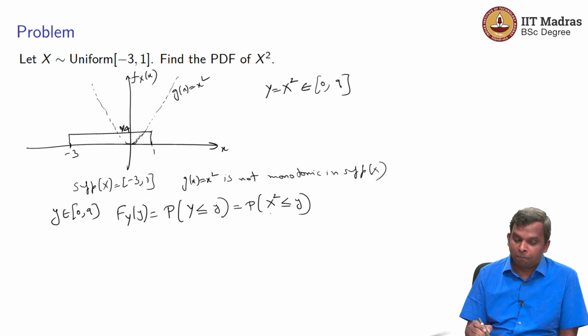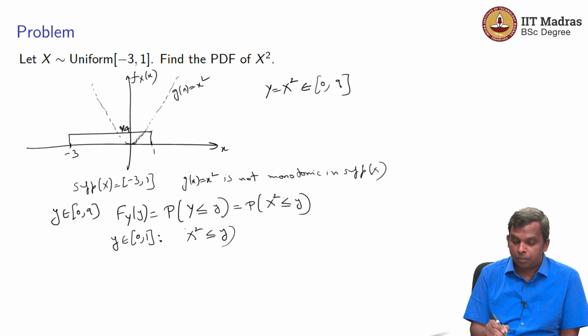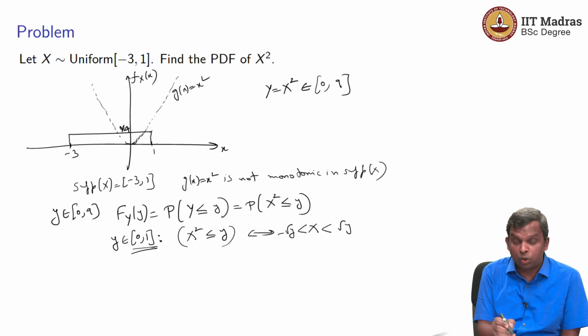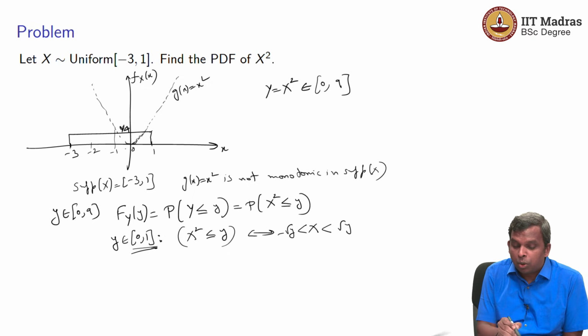For instance, if y were between 0 and 1, x squared less than or equal to y is the same as x falling between minus root y and root y. Remember, X has support on both sides, minus 1 to 1, so it's got both sides going.